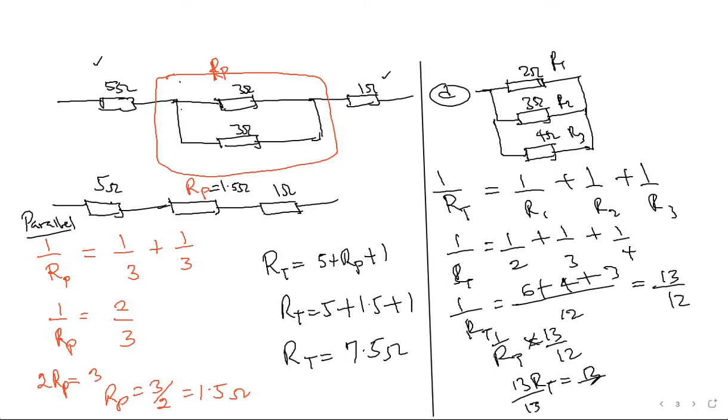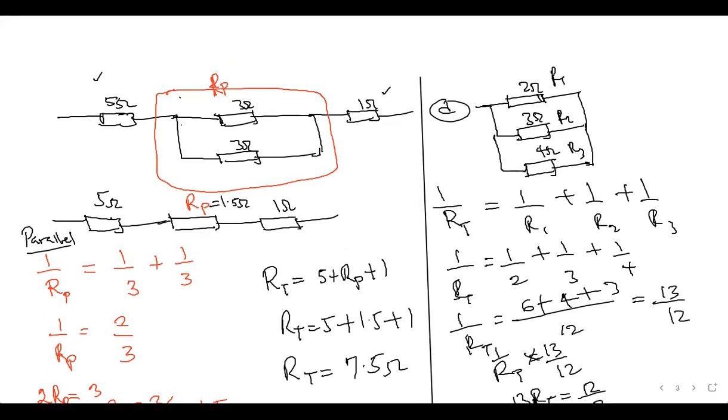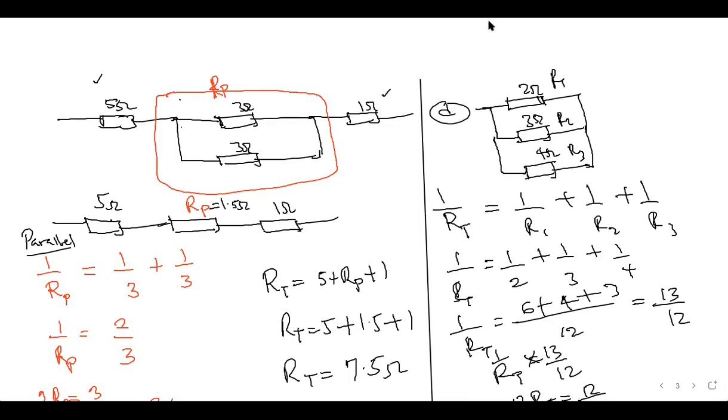Divided by 13, divided by 13. So that means RT should be 12 over 13.